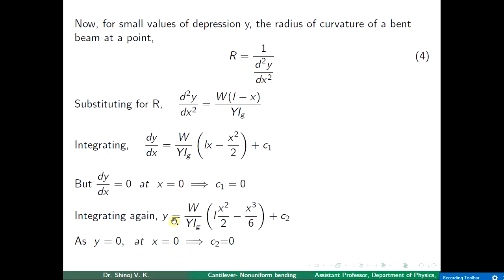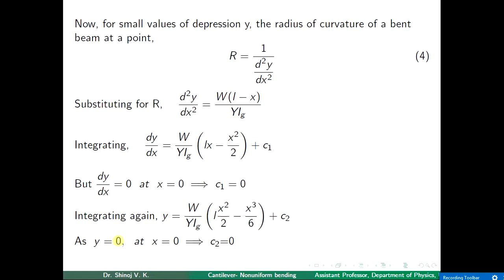Now we integrate again. The integral of dy/dx is y, which equals W/Yig times the integral of Lx, that is Lx²/2, minus the integral of x²/2, that is x³/6, plus another constant C2. Again we apply the boundary condition: y = 0 at x = 0.